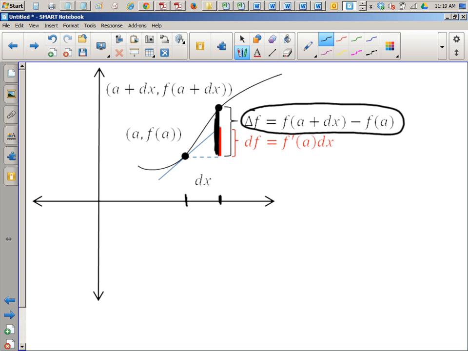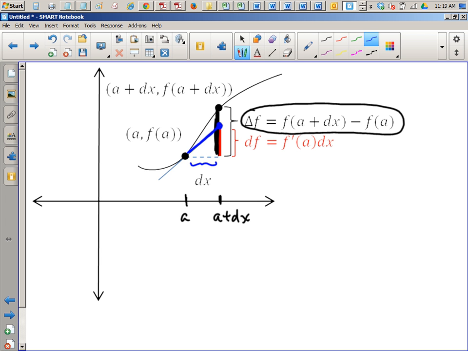Okay? But the tangent line at a has only risen a little bit less, see, between a and a plus dx. So see where the blue is here? This is your tangent line. And the tangent line also has had its own rise in this interval dx.